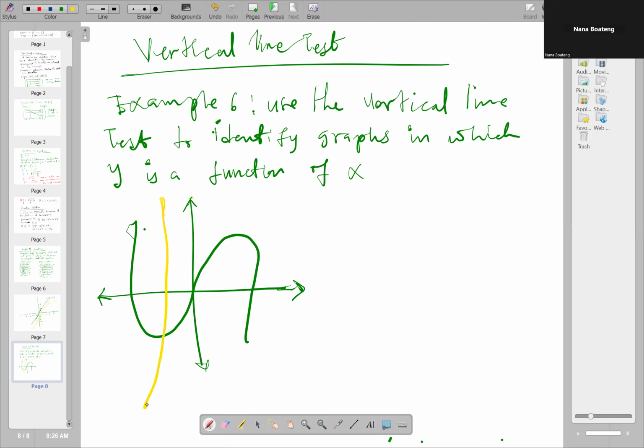Because a vertical line through this intersects the graph once, this is a function.